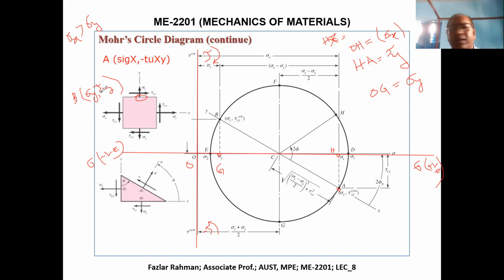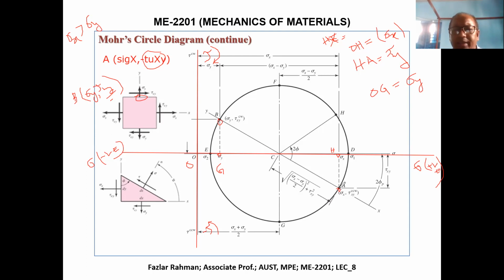But my y coordinate is tau xy, so this is a positive value. And you see for both points, tau xy is the same. The sign is different. So from here, you go upward. This is the point B. So you got point A, you got point B, right?